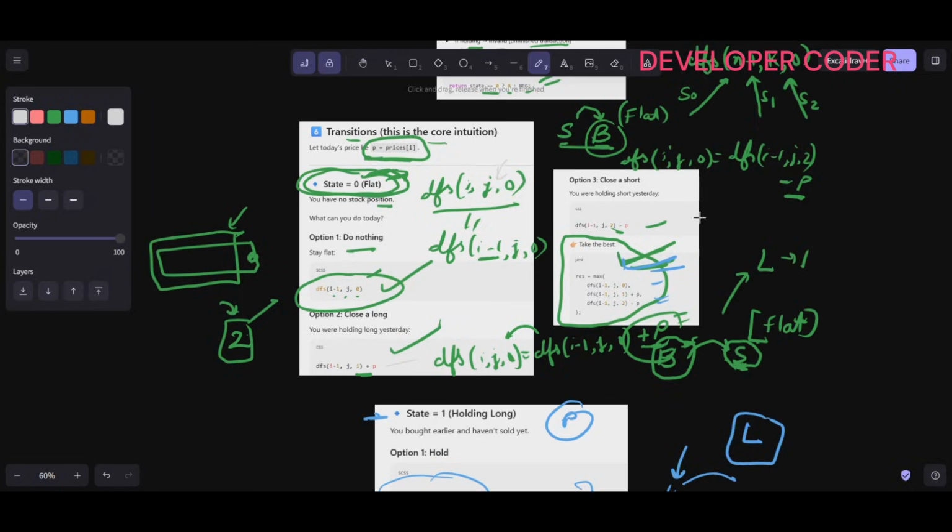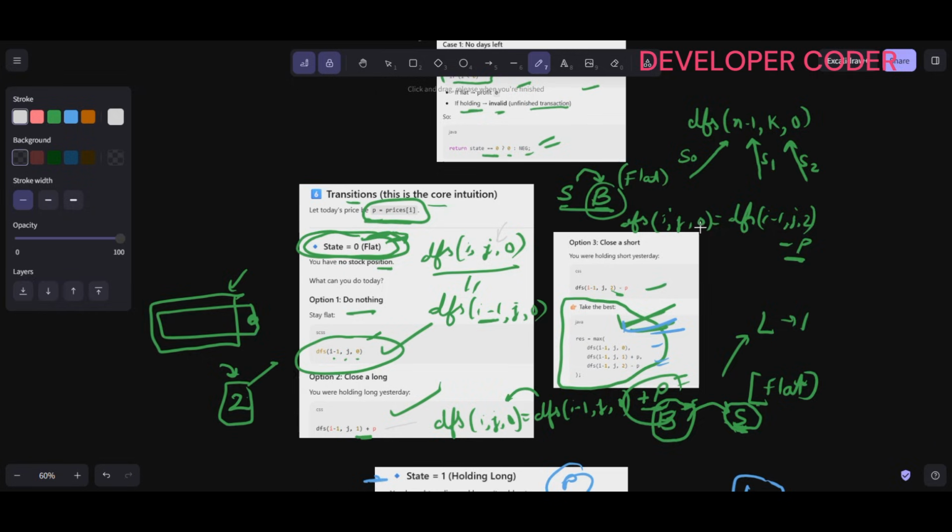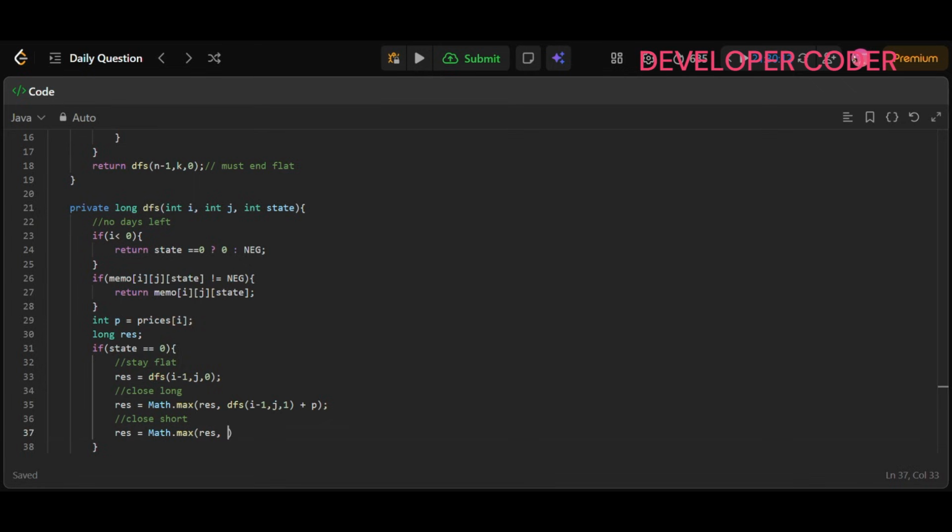And in close short I told you dfs of i, j, 0 is nothing but dfs of i minus 1, j comma 2 minus p. 2 means sell and then buy. So here I am closing, there is no change in the j value. I'm just closing, so dfs of i minus 1, j comma 2, and here minus p this time.